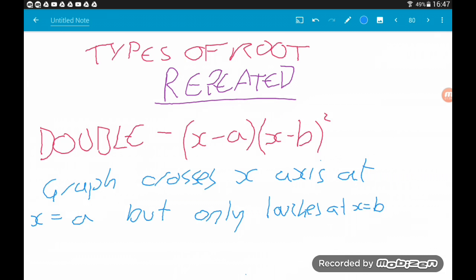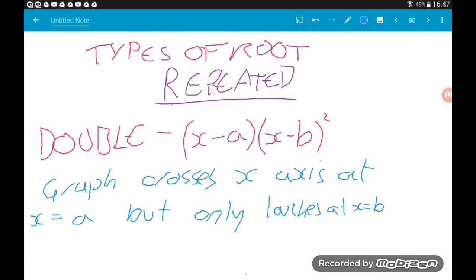Then we've got two types of repeated root. A repeated root comes from when you have, say, two repeated factors. For example, we could have x minus a times x minus b squared, which would mean x minus a times x minus b times x minus b. So x minus b is a repeated factor, which would give us a double root. It's double because it's squared.